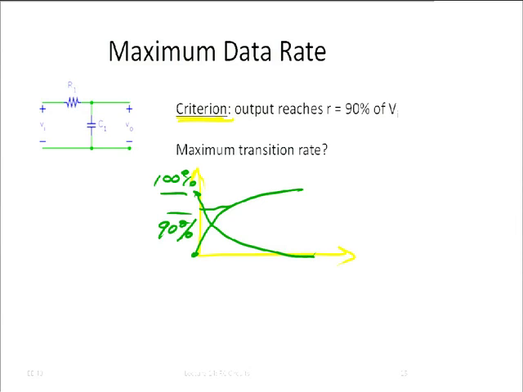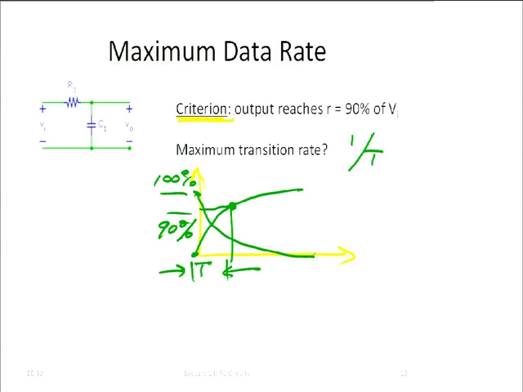Well, what is this curve here? What's the shape of this? Well, that was V1 times 1 minus e to the minus t over tau. And tau is RC.